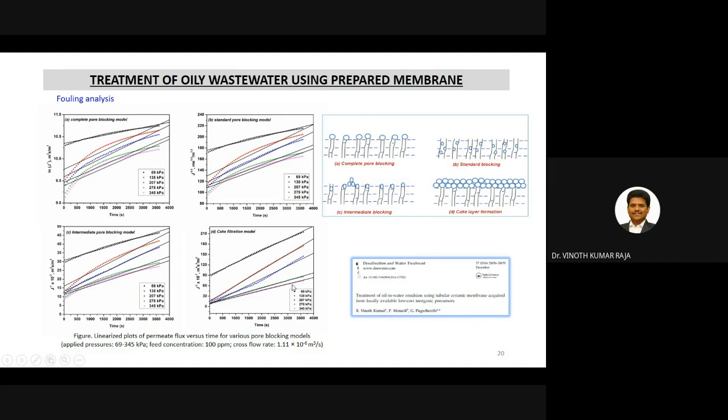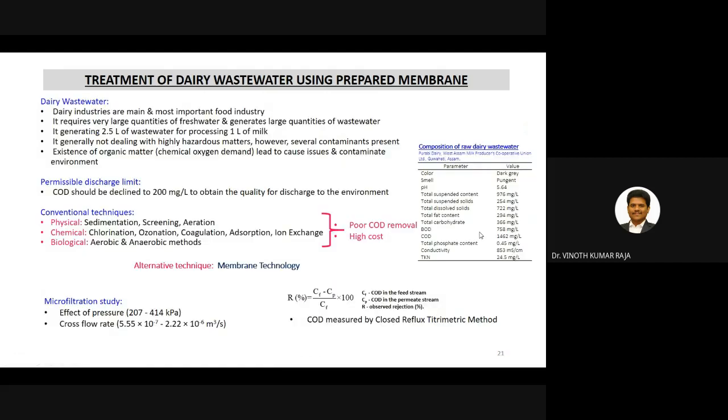So that will give us an extended life of this membrane if the fouling follows the cake filtration model. So that is all about oily wastewater treatment using the fabricated membrane.